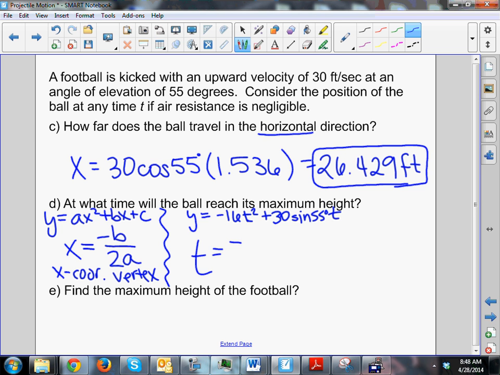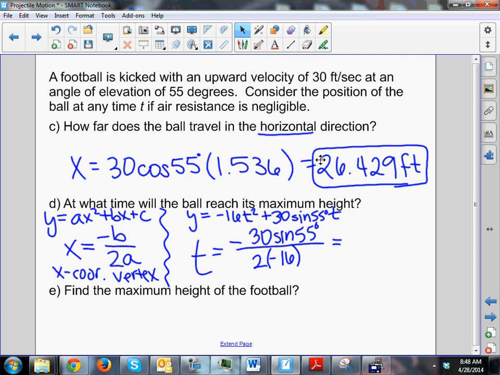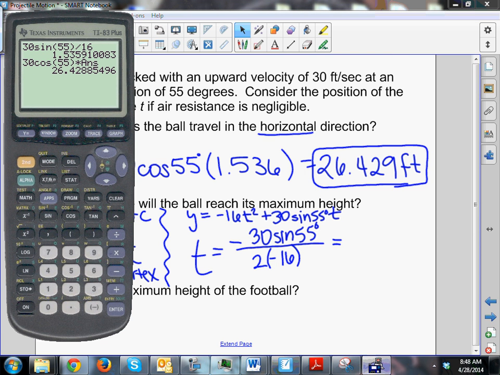We're going to say negative b. What's our b value? 30 sine of 55, over 2 times a. So if we take negative 30 times the sine of 55, and we divide it by negative 32, we get 0.768.